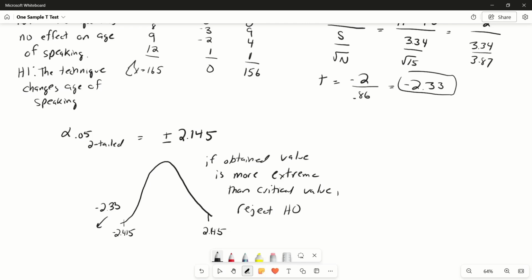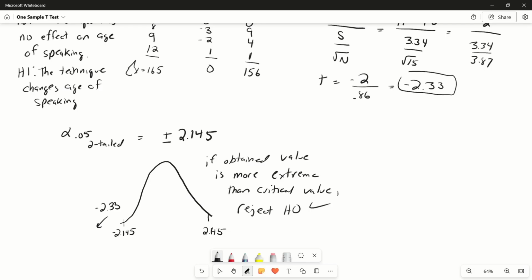So we are rejecting the null here because negative 2.33 is more extreme. Actually, it's not more extreme. Oh, no, this is written, sorry, I made a little typo here. This is negative 2.145, not 415. So negative 2.33 is more extreme than negative 2.145. So we are rejecting the null.